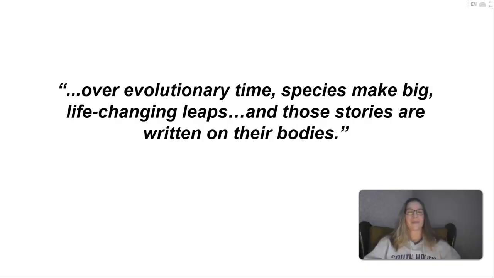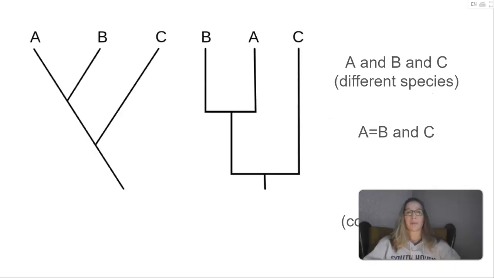I think that's so cool. They don't have lungs, they have gills, and this is left over from the fact that they used to live in the ocean. So that was a way to launch ourselves into reading cladograms.